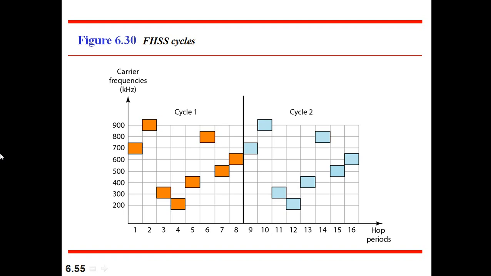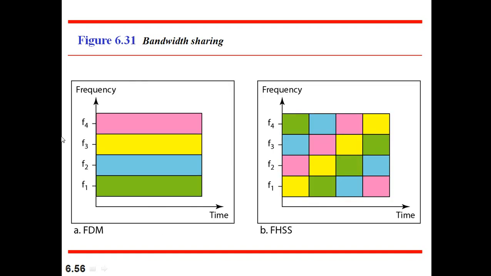If you look at the amount of bandwidth that the stations share in this process, in frequency division multiplexing, suppose you have m number of stations, then each station will receive the same amount of bandwidth.